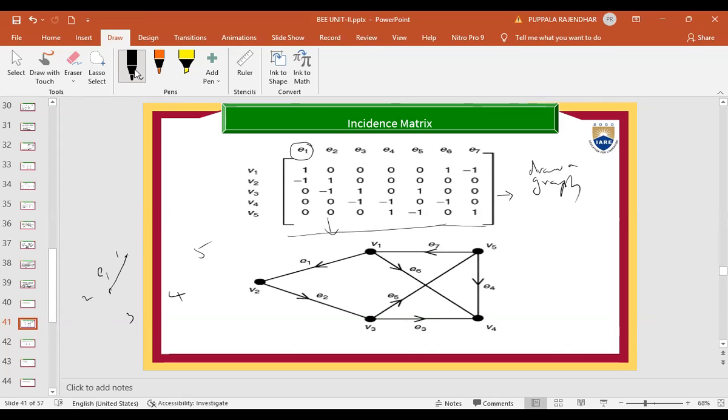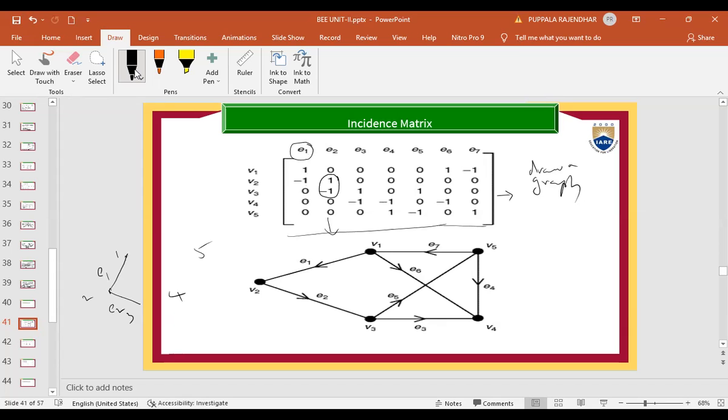Where is E2 connected? E2 is connected between node 2 and 3. This is E2.